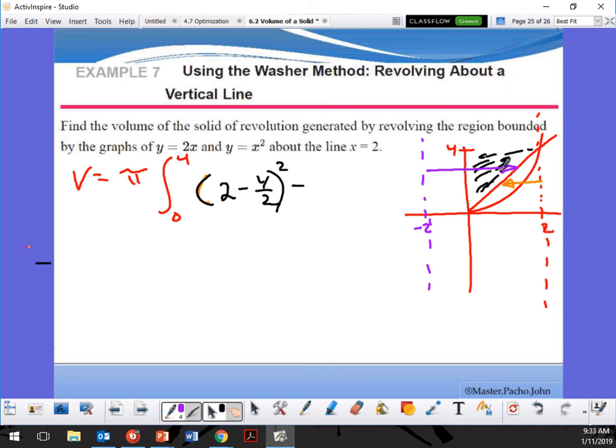Okay. What if it was 2, but your function's on the right side of 2? Let's say x equals 1. So if x is 1 right here, it would end up making some weird hourglass, wouldn't it? So wouldn't that be from here to here?